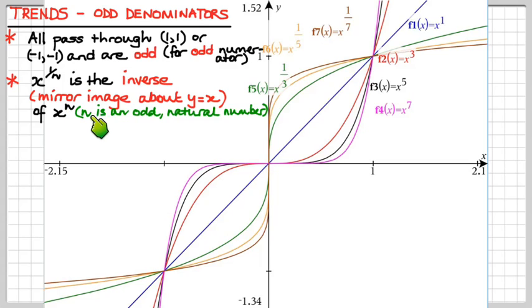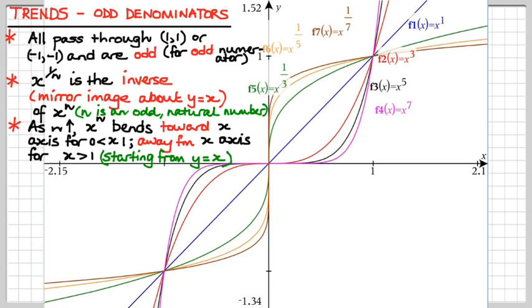Now, in this slide, I'm letting n be an odd natural number, progressing, so 1, 3, 5, 7. Just to clarify that. Now, as n increases, the x to the n's, which are these ones here on this side of the line y equals x, bend toward the x-axis for this region here, where x is between 0 and 1, and away from the x-axis for x greater than 1 up here.